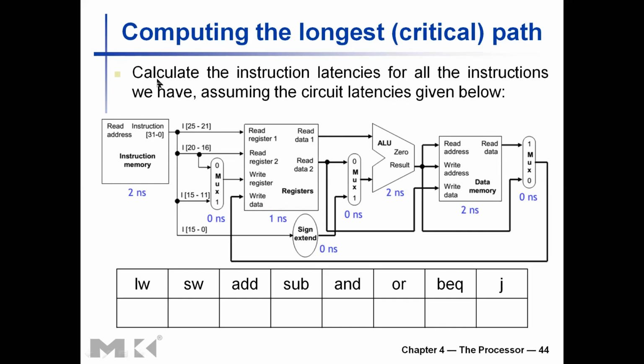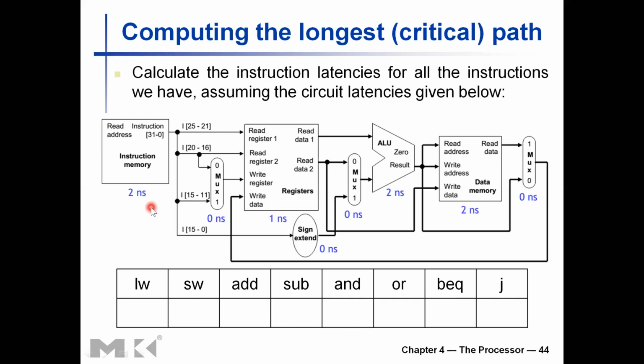So 2, 3, 5, and 7 nanoseconds in order to produce the result at the write data port of the register file. When the next positive clock edge comes, that data will be written to the register file and it will consume 1 nanosecond in that clock cycle, right?